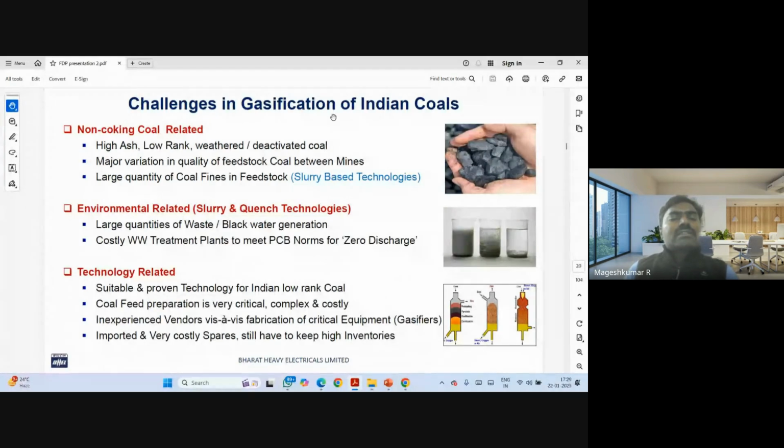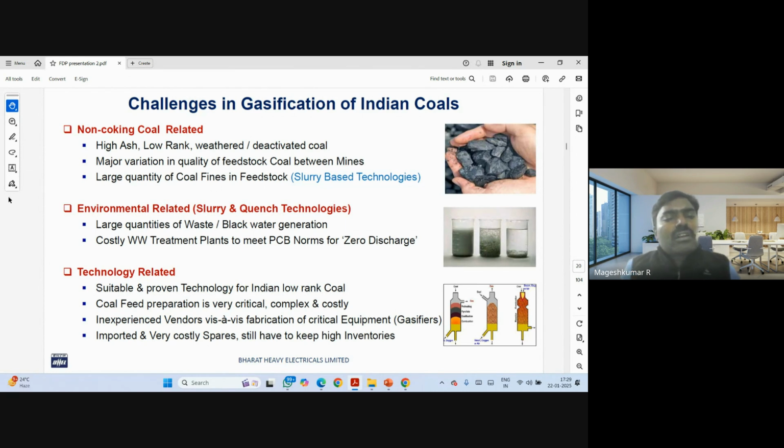What are the challenges? Challenges I had already shown. It is a non-coking coal where high ash is there, low rank, weathered or deactivated coal. Major variation in quality of feedstock. In a single mine, we are getting variation in coal quality, and a large quantity of coal fines in the feedstock, for slurry-based technologies.